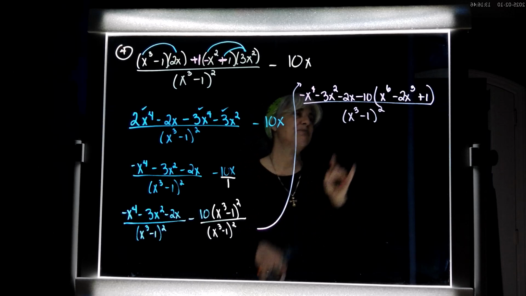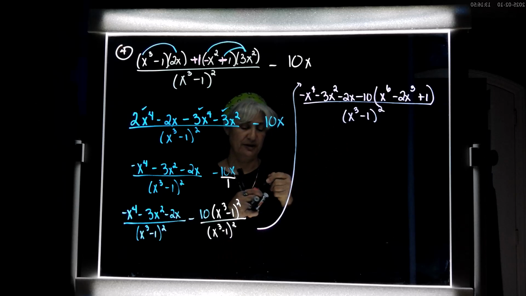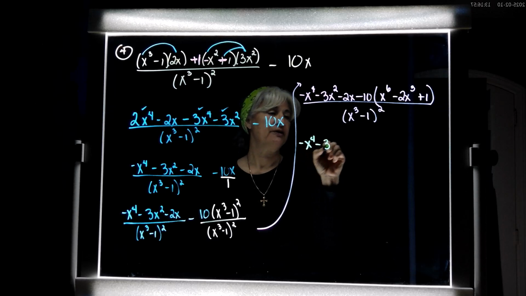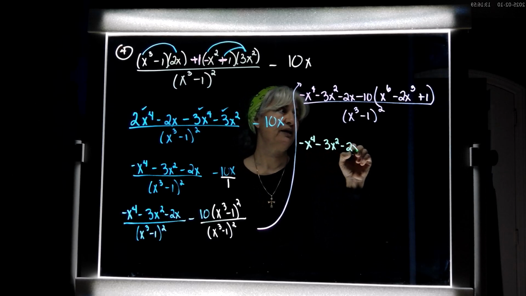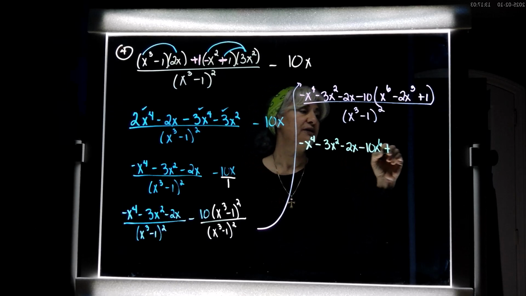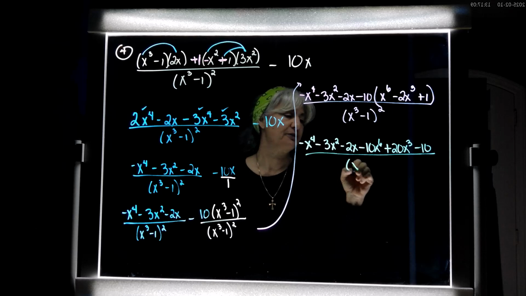Yes? Okay. And now we are going to distribute this negative 10 through. So we still have negative x to the power of 4 minus 3x squared minus 2x minus 10x to the sixth plus 20x to the third minus 10 all over this lovely common denominator.